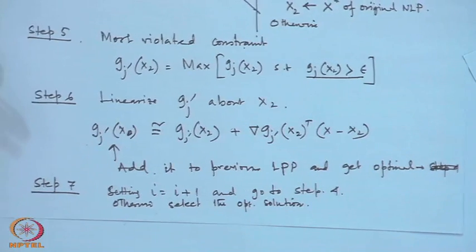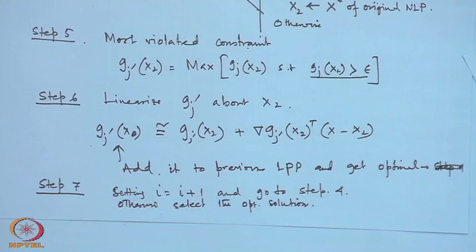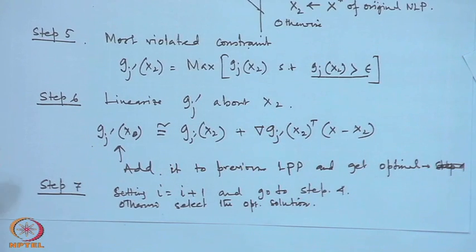Now, what is the advantage of this process? If I just look at the whole process once again, if I want to summarize it, the advantage is that this is like a Gomory cutting plane method we are using for integer programming problems.